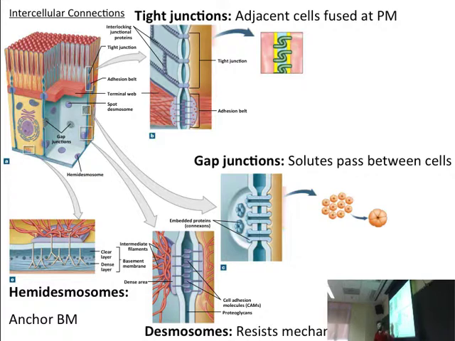Gap junction, their job is to create a syncytium, meaning that the cytoplasm of adjacent cells can exchange elements that pass through the gap junctions. So adjacent cells can work in a coordinated fashion. Whatever's happening in the cytosol of one can be selectively shared with the cytosol of an adjacent cell.